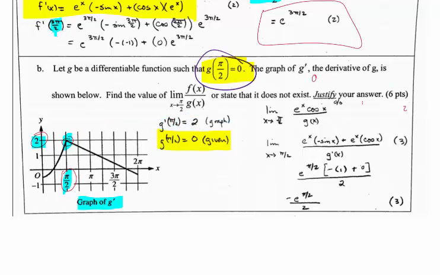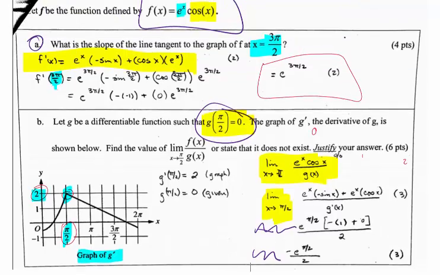In part B, when we took a look at this first piece right here, the limit of x going to pi over 2 of e to the x cos x over g of x, after I applied L'Hopital's rule, I still had this lim piece with it. So make sure your notation keeps that. Now, once we evaluate and we plug in pi over 2, that lim piece is no longer there. So we don't have that in the second line or this third line here underneath the lim as x approaches pi over 2. So make sure your notation's good and you guys will be all good to go on this problem.